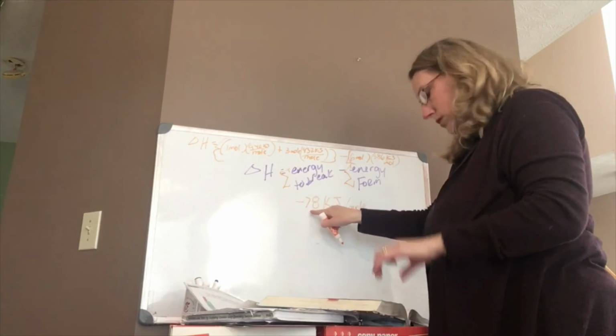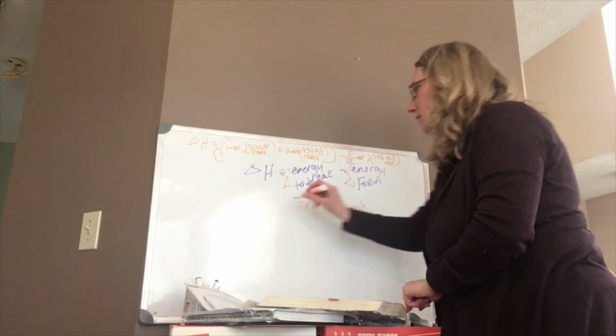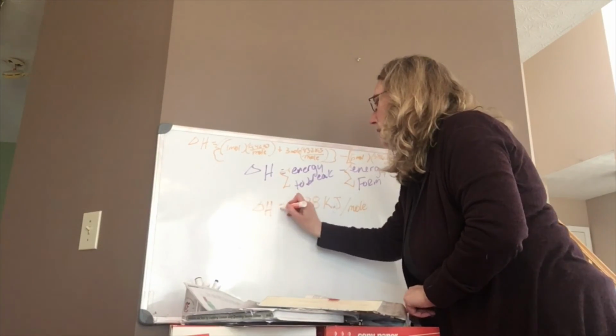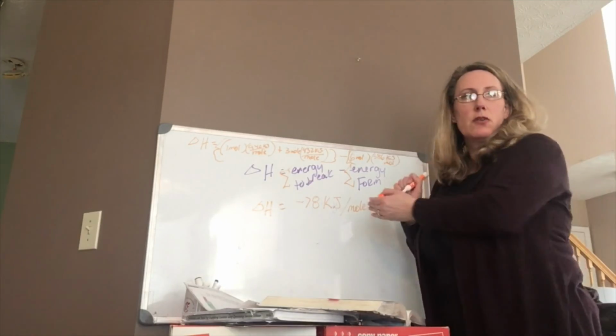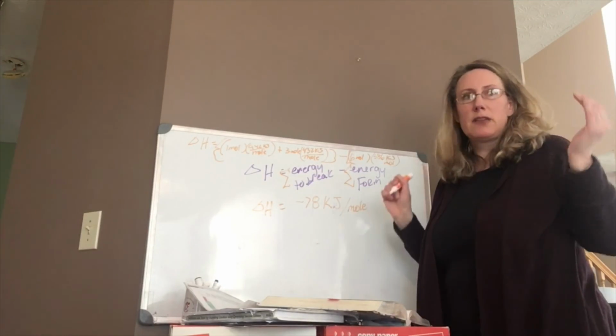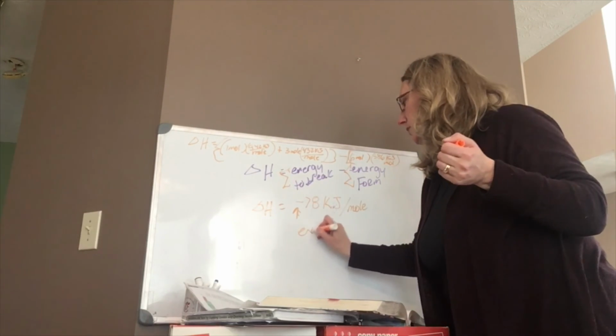So the question said, what's the delta H? That's my delta H. And then it says, is it endothermic or exothermic? Exothermic. If I have a negative delta H, it's going to be exothermic.